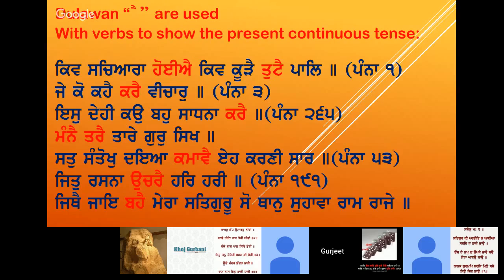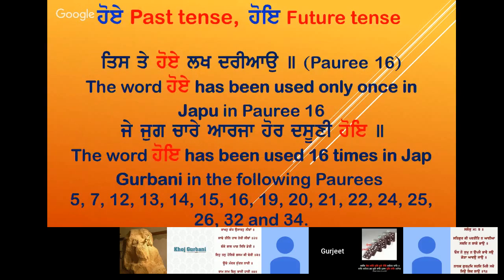So than suhava ram raji. So these are some of the things which we have to keep in mind. And this very important part we just see in Japji. That's why I was saying to use hoi. These are very similar words. Hoi is used for past tense and hoi is used for future tense.